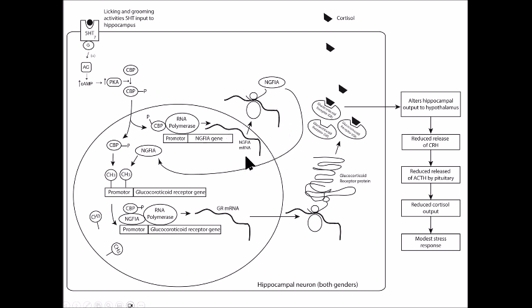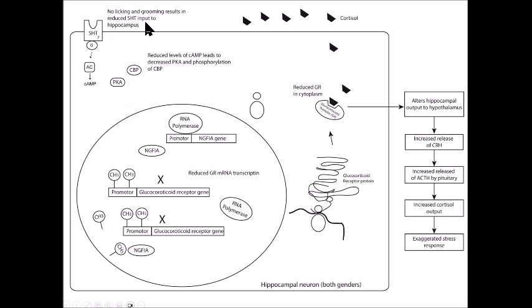When that's produced, it comes back into the nucleus, demethylates this promoter so that now the glucocorticoid receptor can be transcribed. And if you've got lots of these GRs, when the cortisol comes in, it clicks them on. So that will alter the hippocampal output to the hypothalamus, reduce CRH, reduce ACTH, less cortisol, thus a modest stress response. And this occurs in both genders.